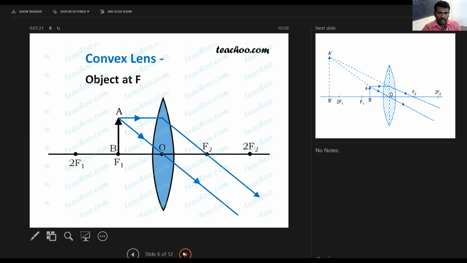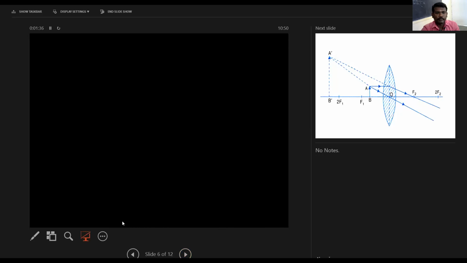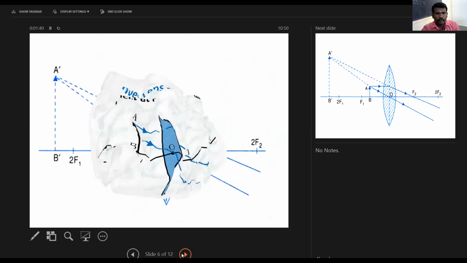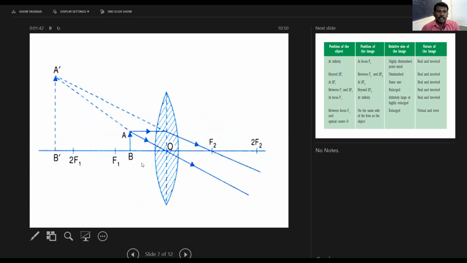Here in this case, after refraction, the two refracted rays are parallel to each other, so the image will be formed at infinite distance. Next one, in this case only the convex lens produces the image on the same side of the object, and it is a virtual and erected enlarged image.